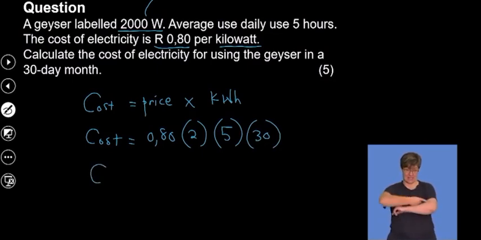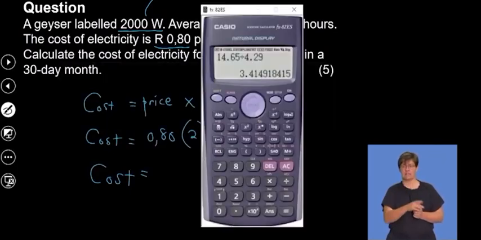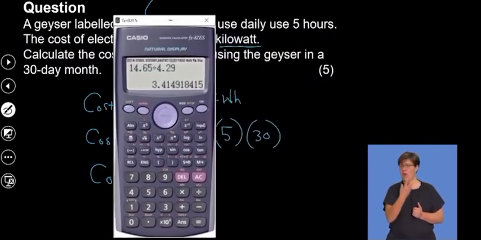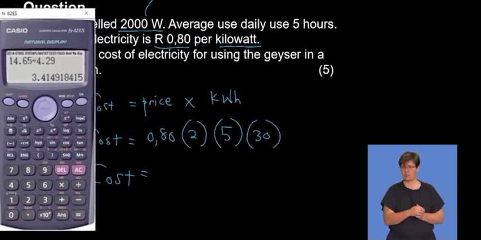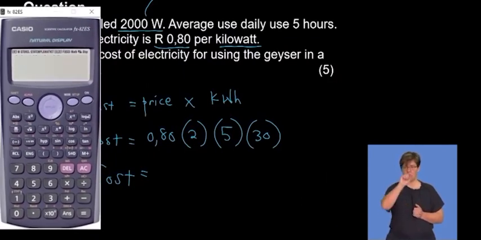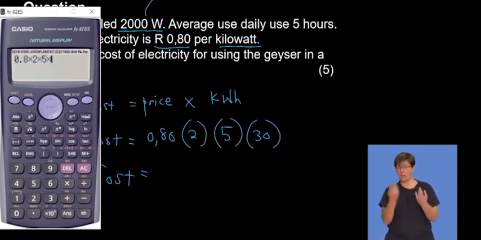Okay, so then our cost becomes, if we go to our calculator, 0.8 multiplied by the 2 kilowatts, which comes from the 2,000 watts, multiplied by the 5 hours used per day, and then in 30 days we multiply it by 30.